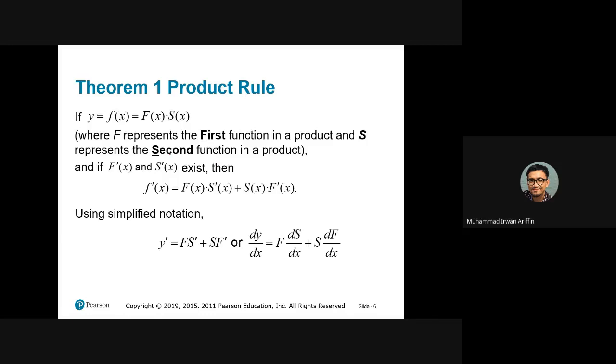If the derivatives of both functions exist, then we apply this formula. First function multiplied by the derivative of the second, plus the second function multiplied by the derivative of the first. So the first remains as it is, differentiate the second, plus the second remains as it is, differentiate the first.